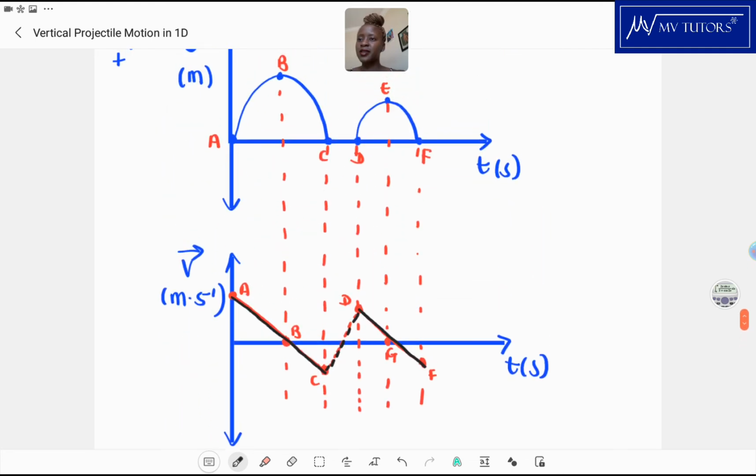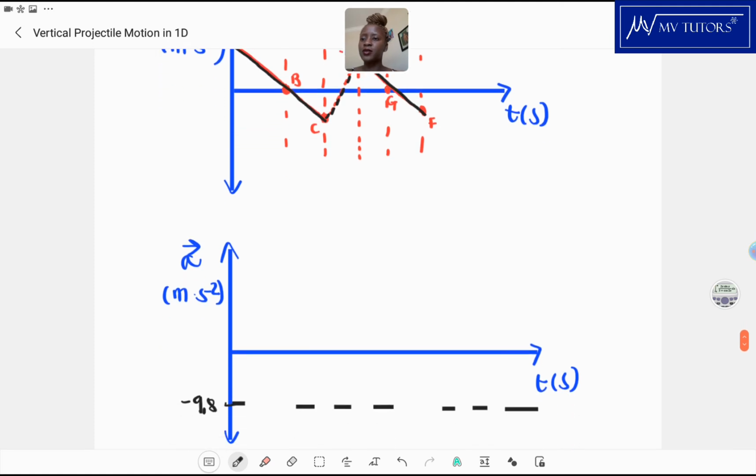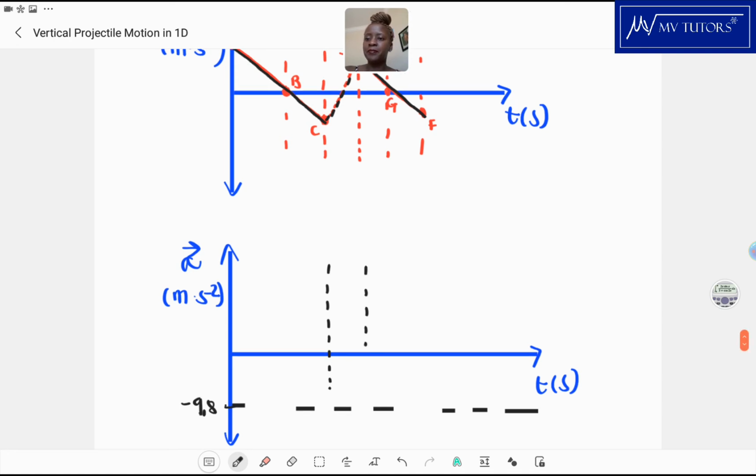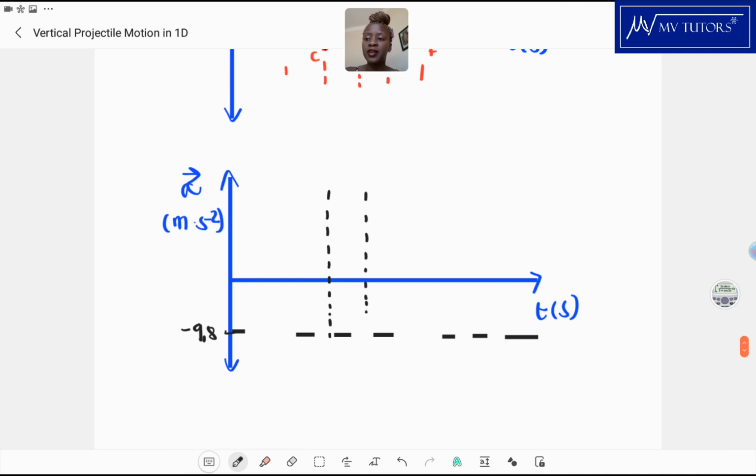What I want us to consider is the time of contact with the ground. So between C and D, I'm just also gonna have dotted lines there, because something happens to the acceleration when the ball is in contact, or the projectile is in contact with the ground.